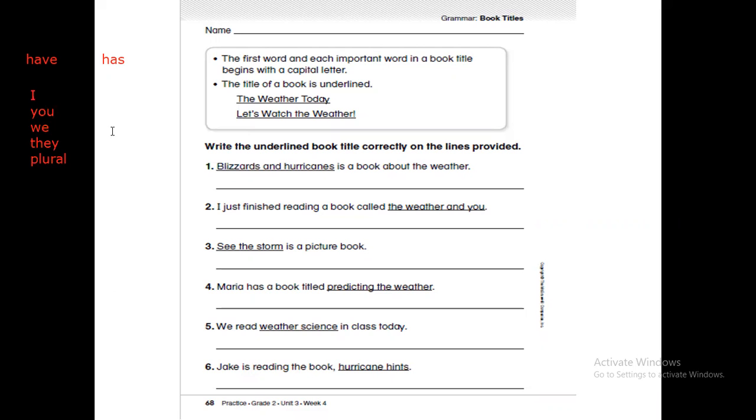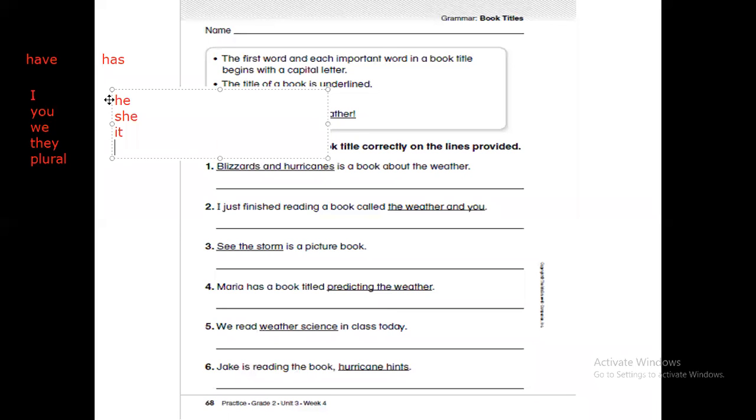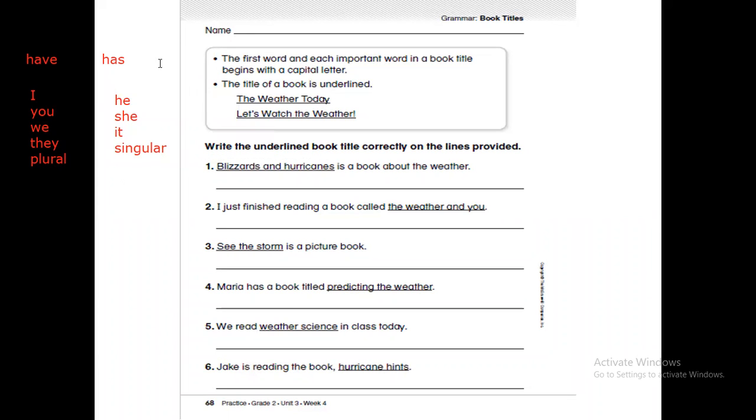We're going to use has with he, she, it, and singular subjects. What's the past of have and has? The past of them is had. We're going to use had with all the subjects.